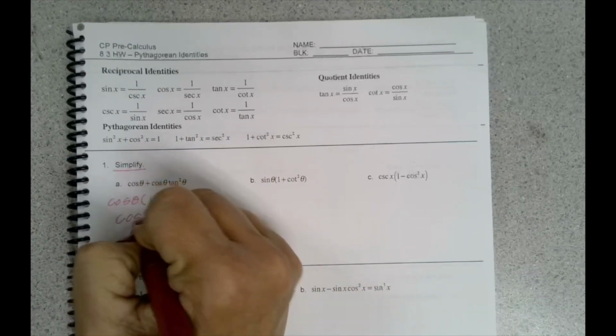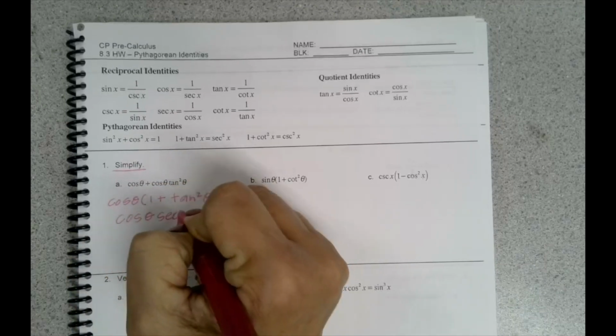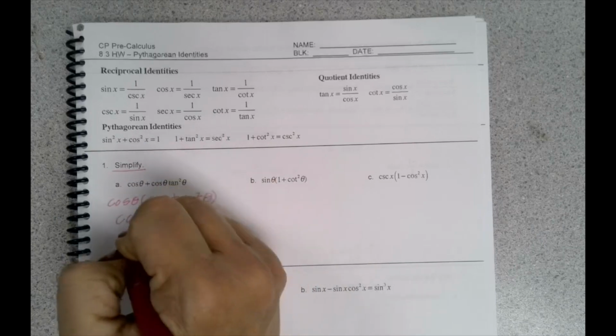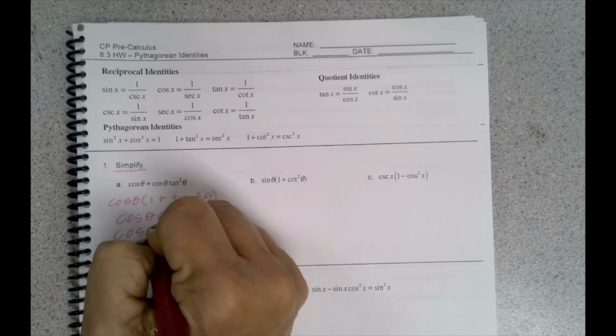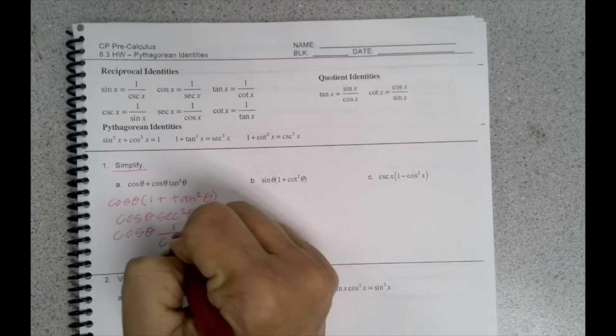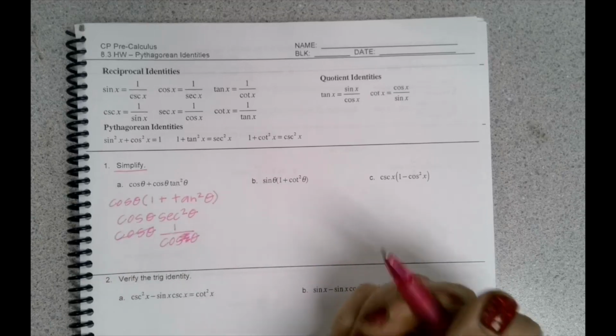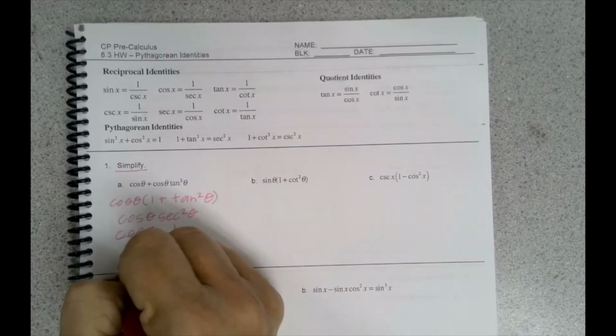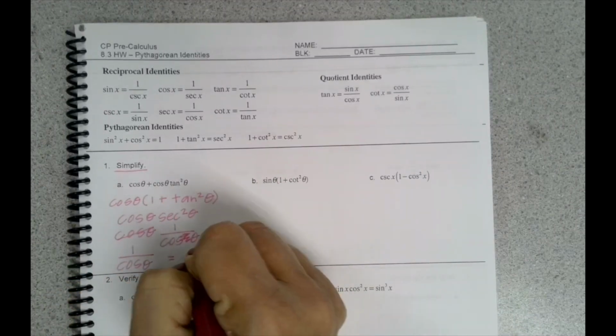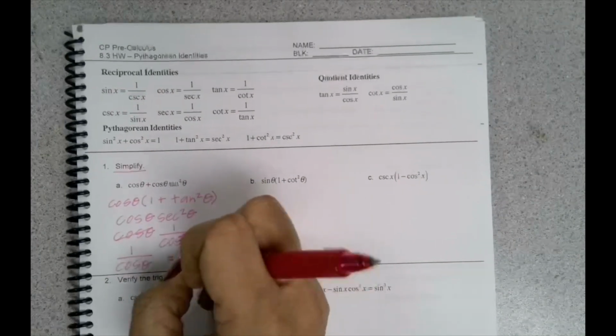So I'm going to change that to secant squared x, or secant squared theta since I have a theta. And then I know that secant squared is 1 over cosine squared. So one of these cosines will cancel with one of those. So I have 1 over cosine theta, which is equal to secant theta.